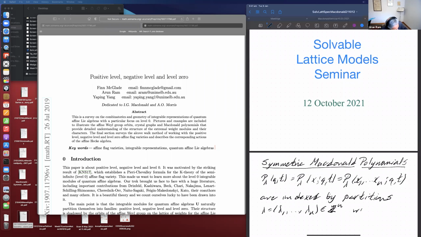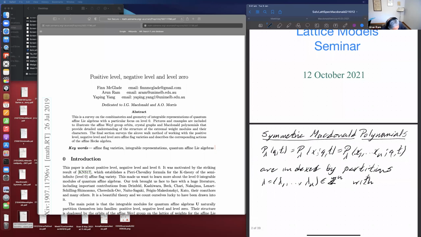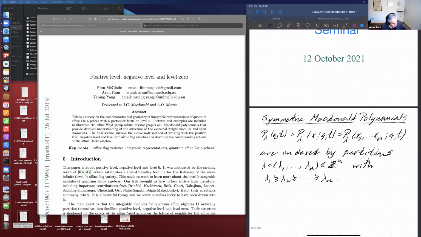So I want lambda 1 greater than or equal to lambda 2. And that's really the right place to work, because these correspond to the weight lattice of GLn, and so the negative ones naturally occur.